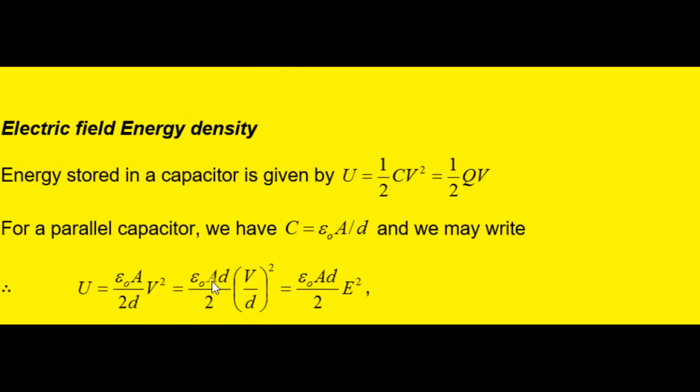Here AD is the volume of the space inside the capacitor plates. And we also know that V upon D is equal to capital E, the electric field. Therefore, we can write U as epsilon naught AD upon 2 into E square.